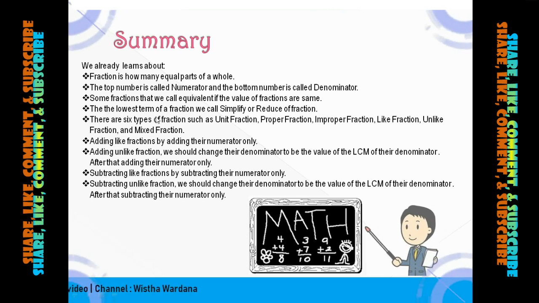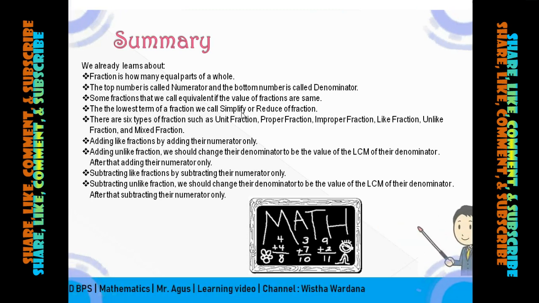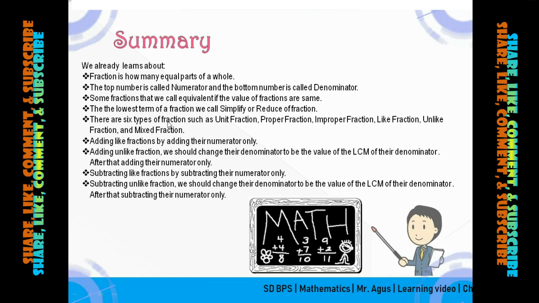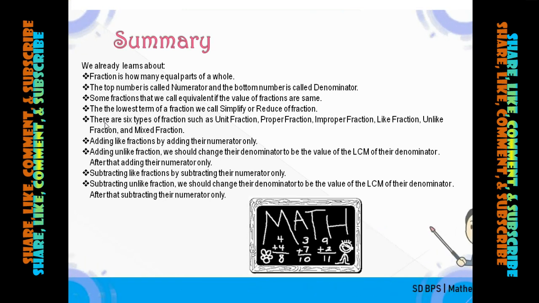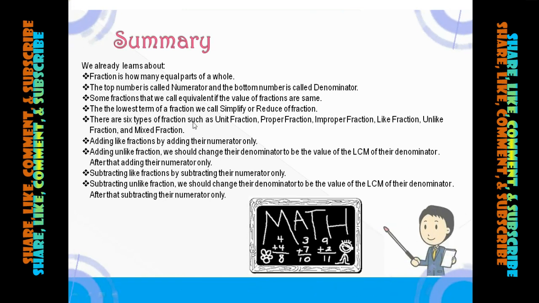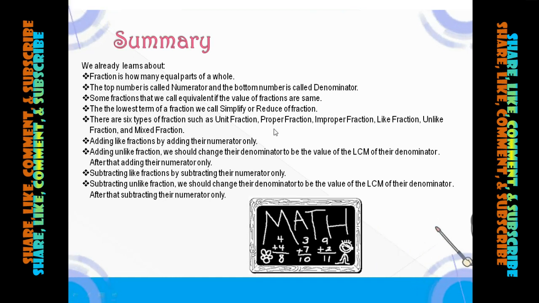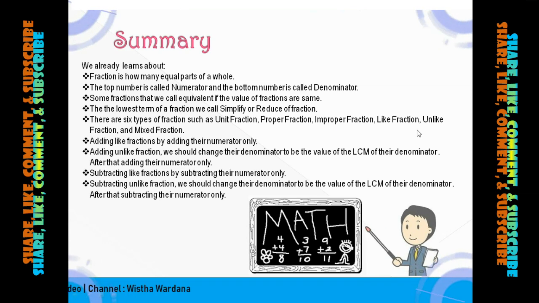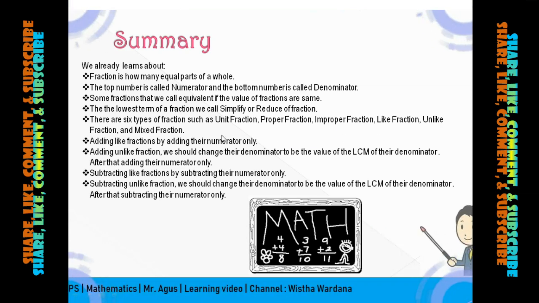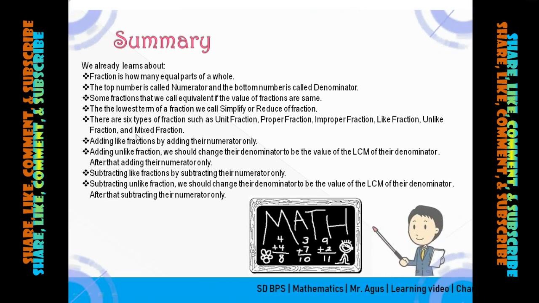The lowest term of a fraction we call simplify or reduce a fraction. There are 6 types of fractions such as unit fraction, proper fraction, improper fraction, like fraction, unlike fraction, and the last is mixed fraction.